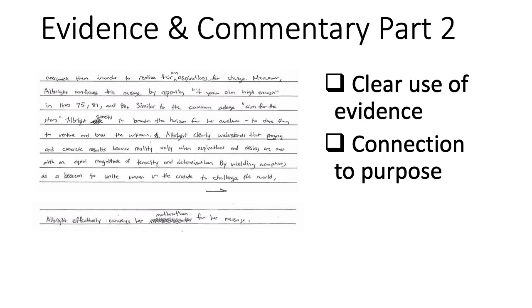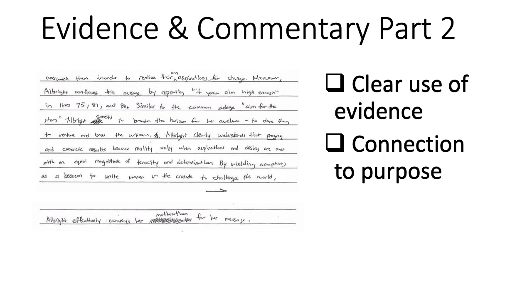"Moreover, Albright continues this message by repeating 'if you aim high enough' in lines 75, 81, and 88. Similar to the common adage, 'aim for the stars,' Albright seeks to broaden the horizons for her audience, to dare them to venture and face the unknown." I'm not sure if that's "face" or not, but the writing's difficult, but that's the idea.